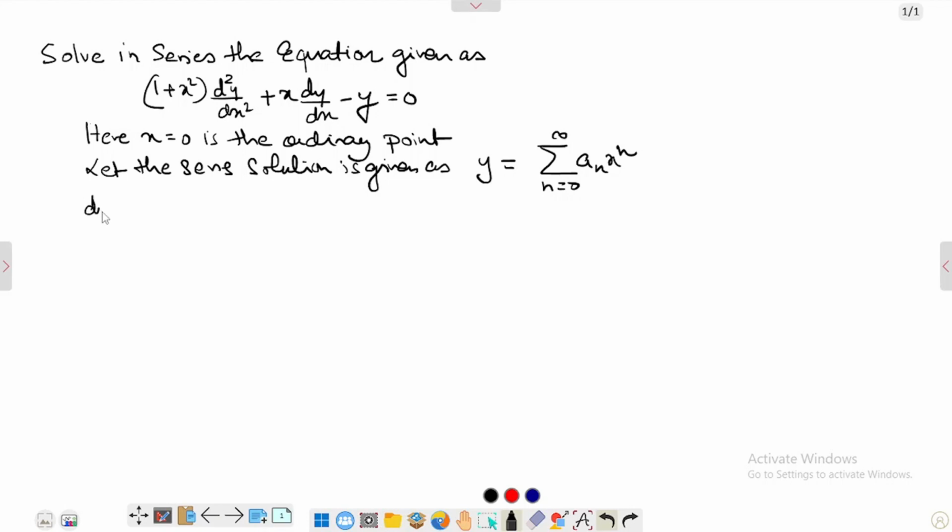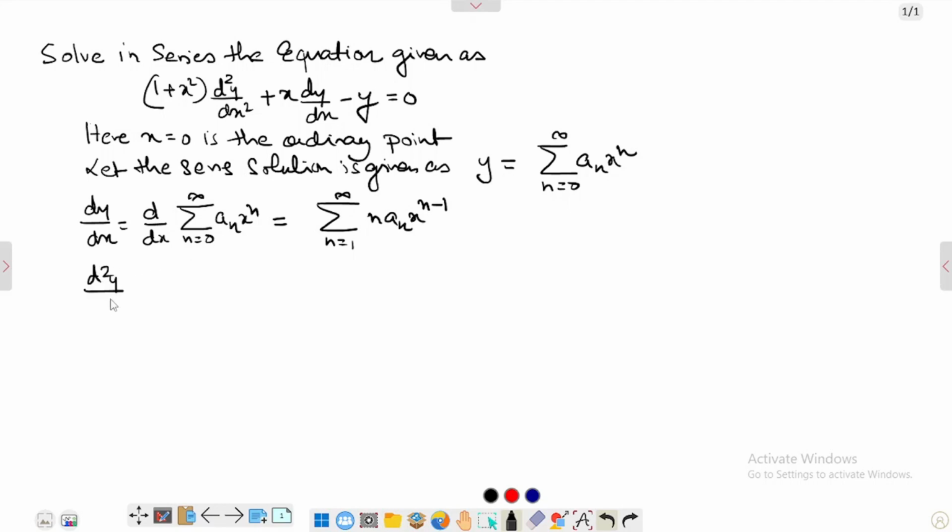First I will find dy/dx. That gives me sum of n equal to 1 till infinity n a_n x to the power n minus 1.